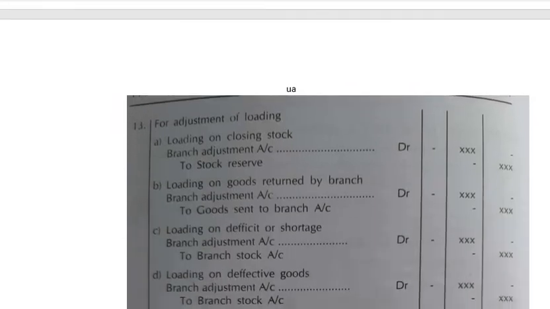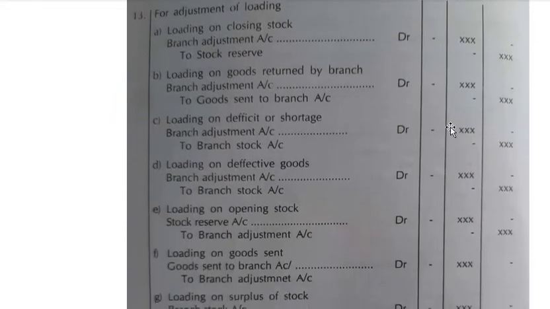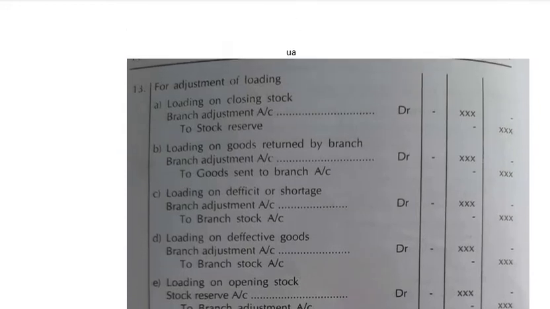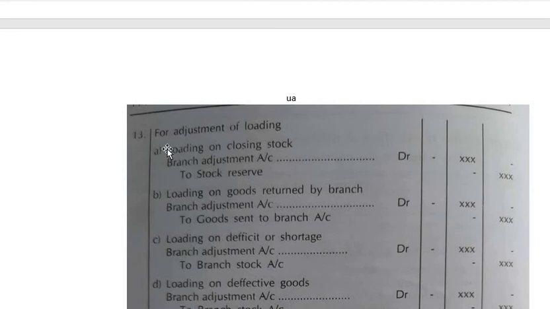Next is for adjustment of loading. For loading on closing stock: branch adjustment account debit to stock reserve account. For loading on goods returned by branch: branch adjustment account debit to goods sent to branch account.